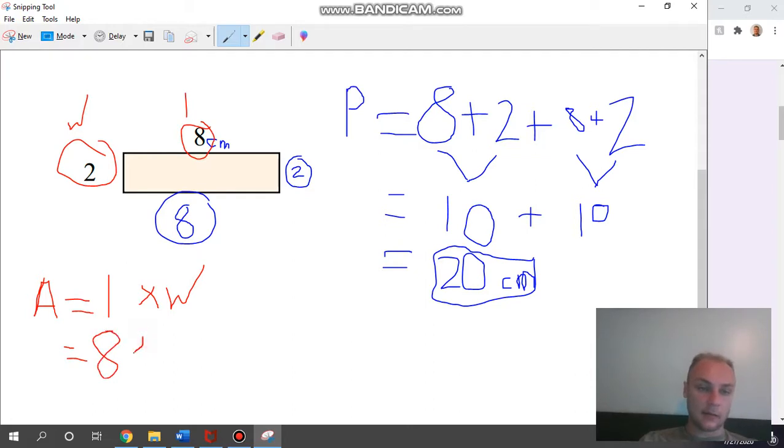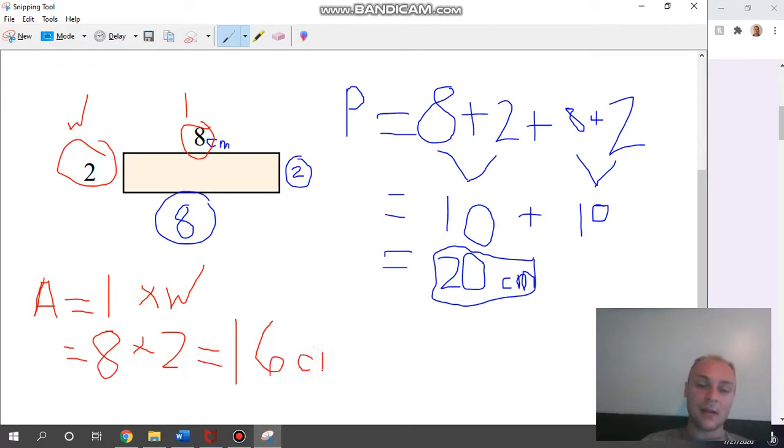8 times 2. Now something to remember, I always think that the width is the smaller number, and the length is always longer. That's how I keep them apart, okay? It also doesn't really matter which one's the length and which one's the width, just as long as you're multiplying the two parts together. 8 times 2 is 16. Now, we're finding everything in centimeters.